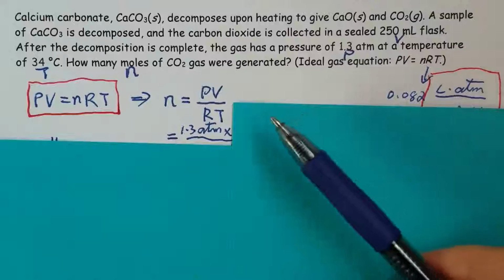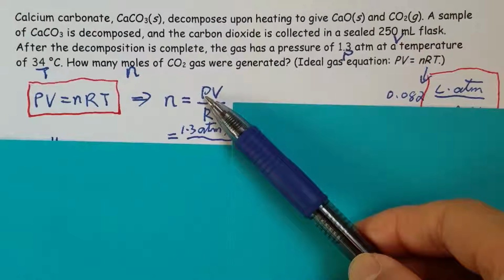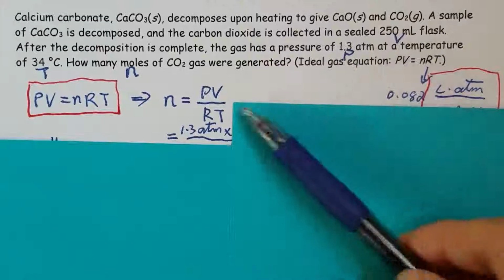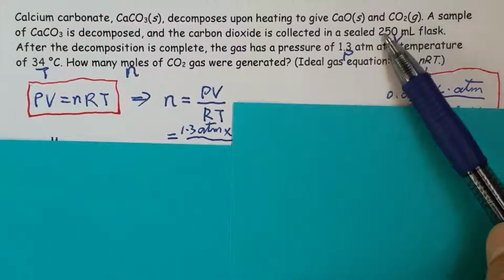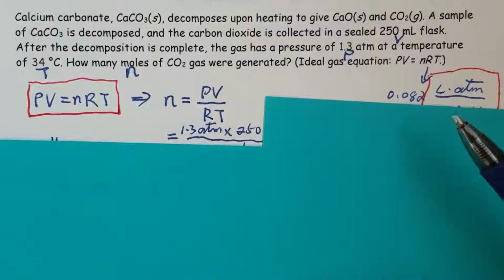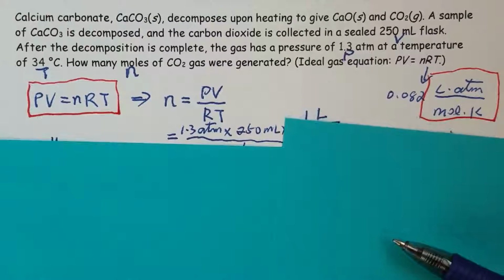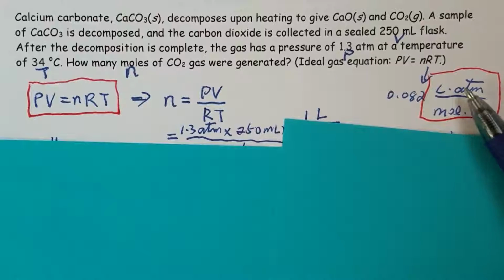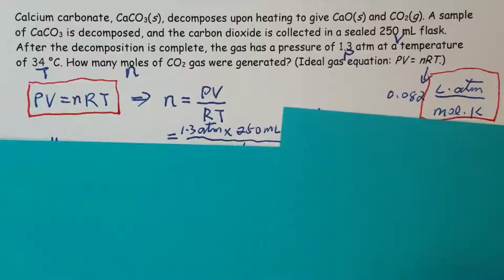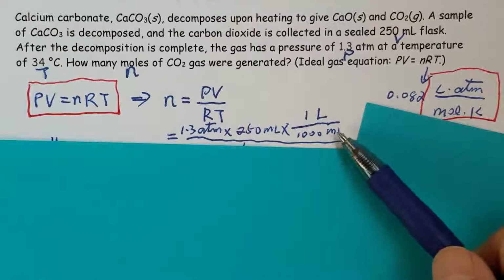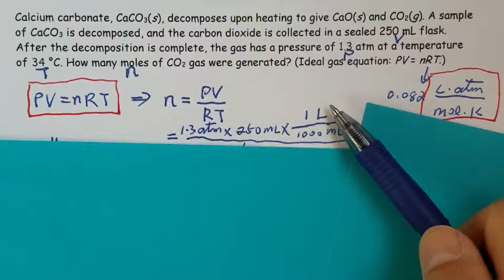Now let's start the calculation. P, 1.3 atmosphere. V, 250 milliliters. But we need to be careful, remembering the R constant here. So that's liters. The volume has to be in liters. So therefore, we are going to convert from milliliters, put that on the bottom, to liters, put that on top.